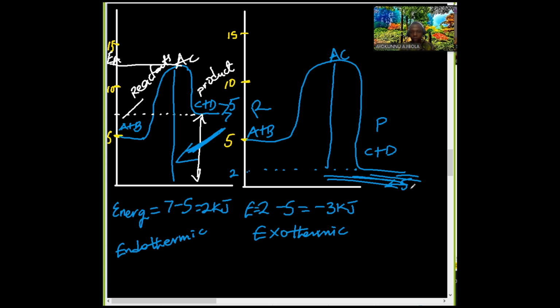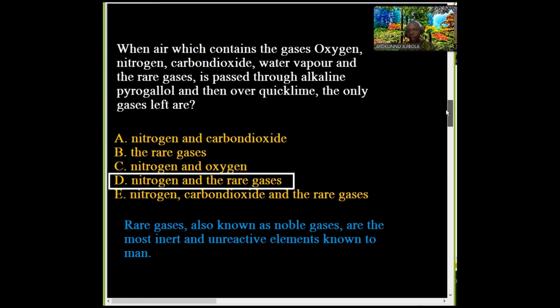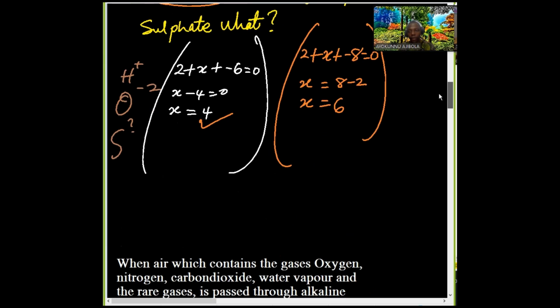So for endothermic, we say the change in energy, that is delta H, is greater than 0, while for exothermic, the change in energy is less than 0. That's the energy difference that I just found. So that is where we'll be rounding up for today. I'm going to send this note, then I'll send the video too.